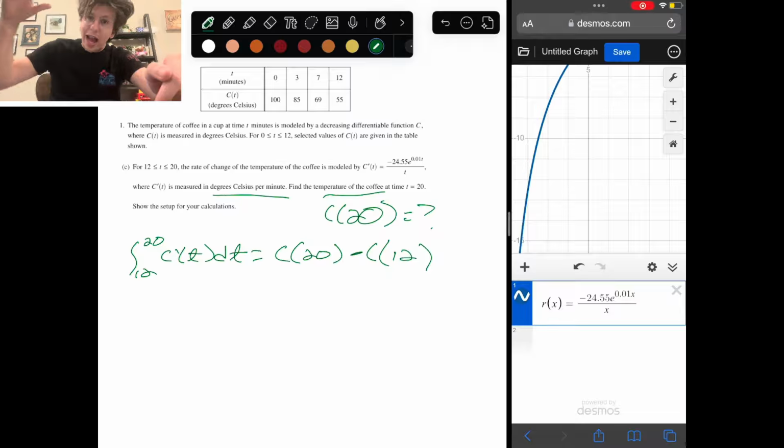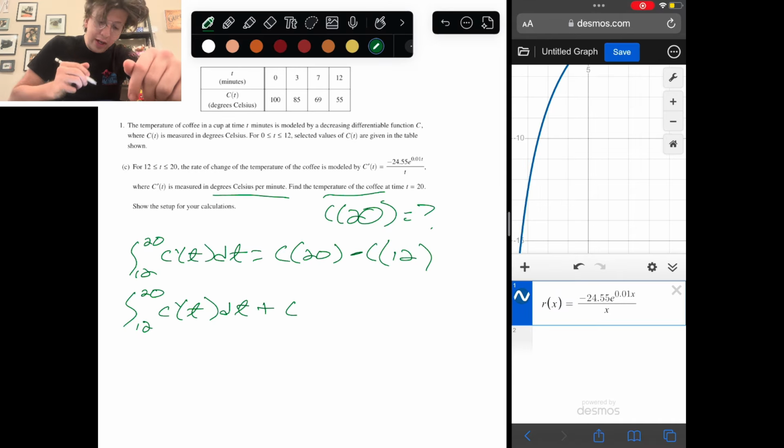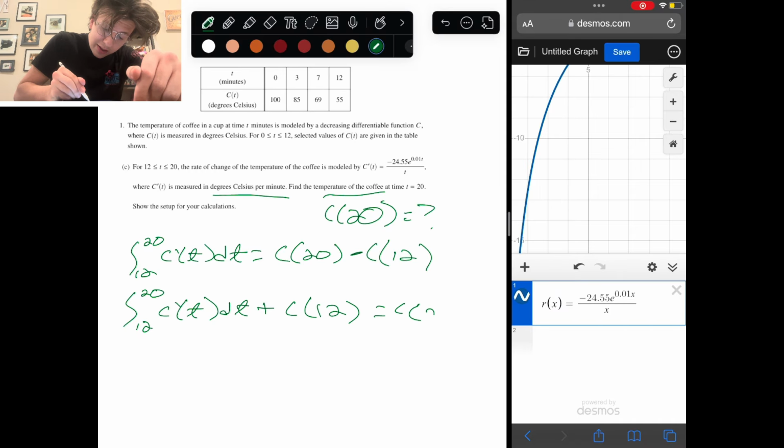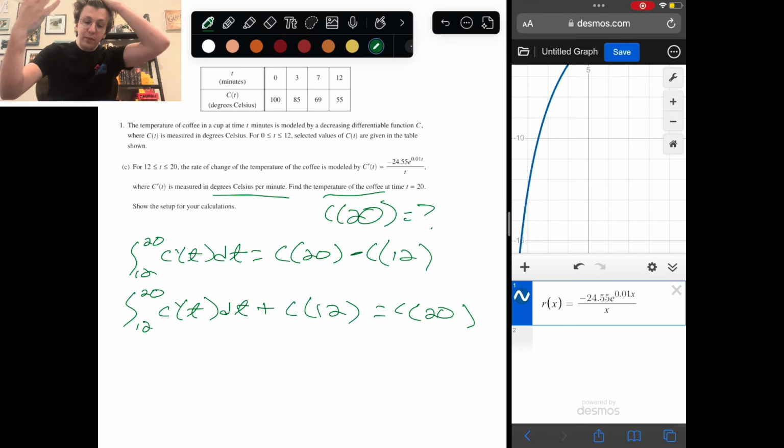What I'm going to do is add that C of 12 over. So I'm going to do the integral 12 to 20 of C prime of t dt, and I'm adding our initial value, which is C of 12, and that's going to equal C of 20. So the whole idea: figure out the accumulation, then add our initial value, and that's going to give us the value that we want for C of 20.